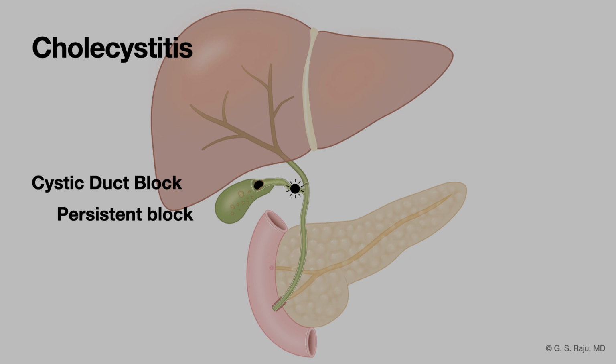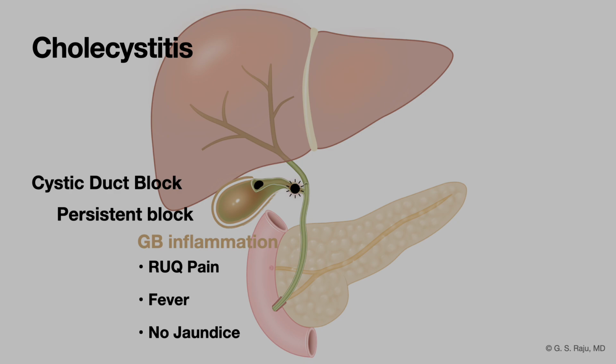And when there is persistent block, the gallbladder cannot drain, it gets inflamed, and it can develop fluid and gangrene from inflammation. Gallbladder inflammation results in a lot of pain for a long period of time and then fever. But because the bile duct is not blocked, they don't have jaundice.